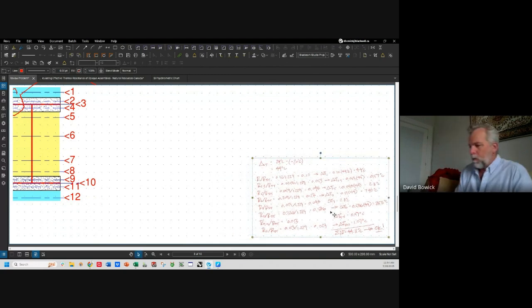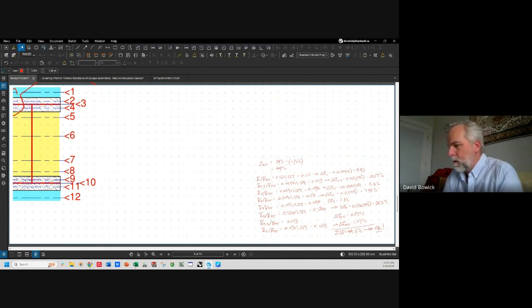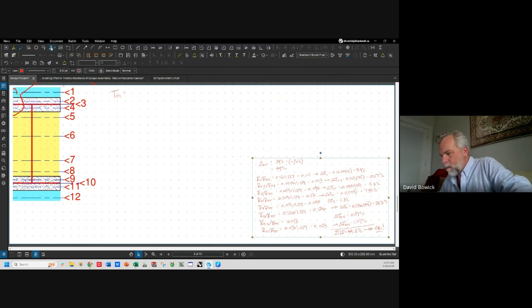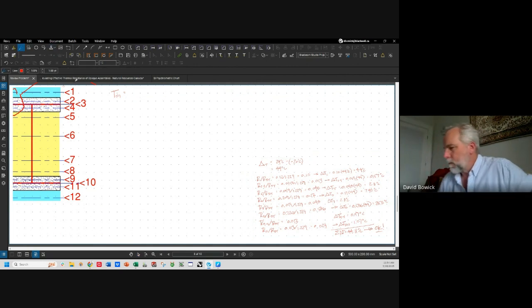Okay. So now we're going to look at what our actual temperatures are. At the boundary between 0 and 1, I'm going to call this 0. So T 0,1 at that boundary equals 24 degrees Celsius.